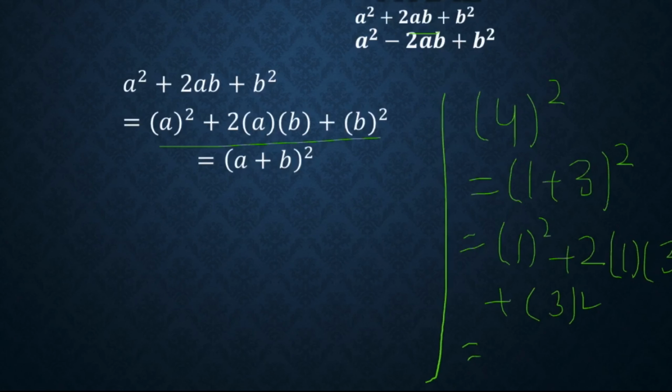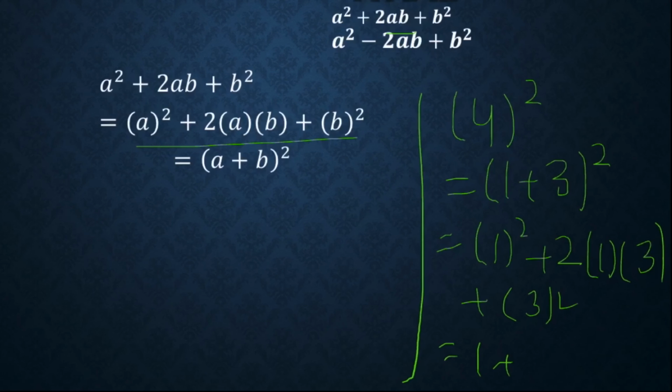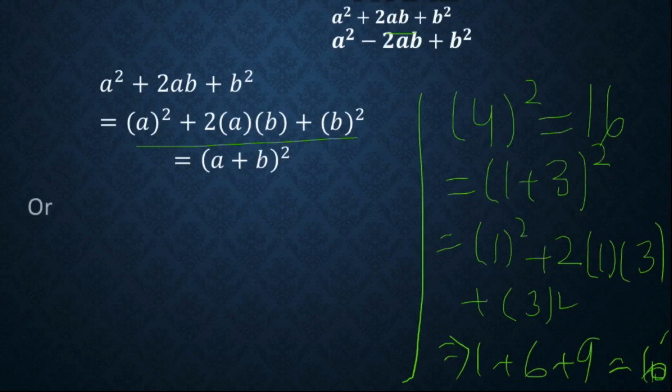So 1 square is 1, 2 times 3 is 6, 1 times 6, plus 3 square is 9. Now 6 plus 9, 15, 15 plus 1, 16, and 4 whole square is 16.